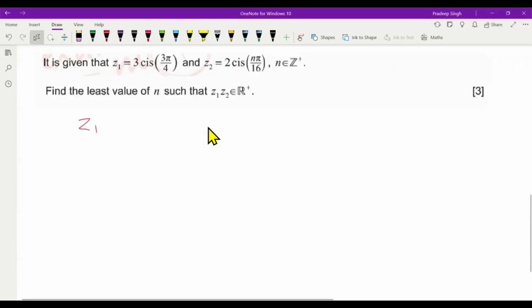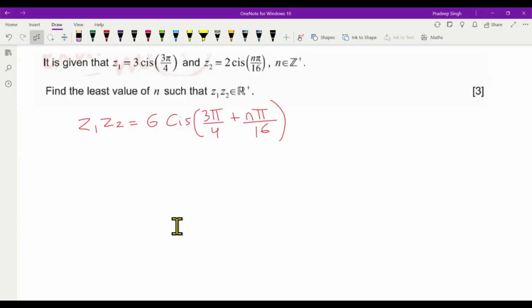Step one is simple, just multiplication. And tell me if you're stuck anywhere.